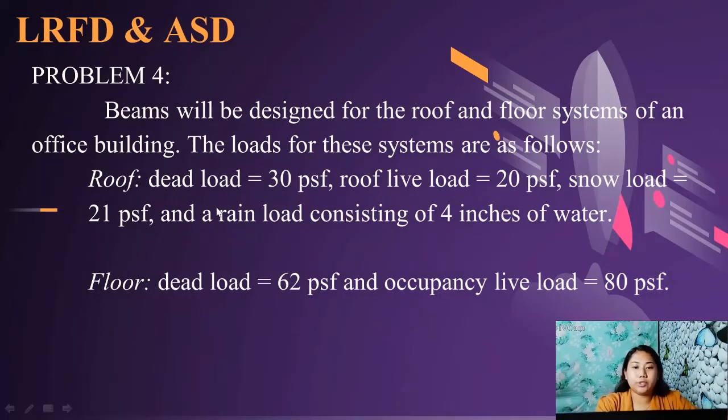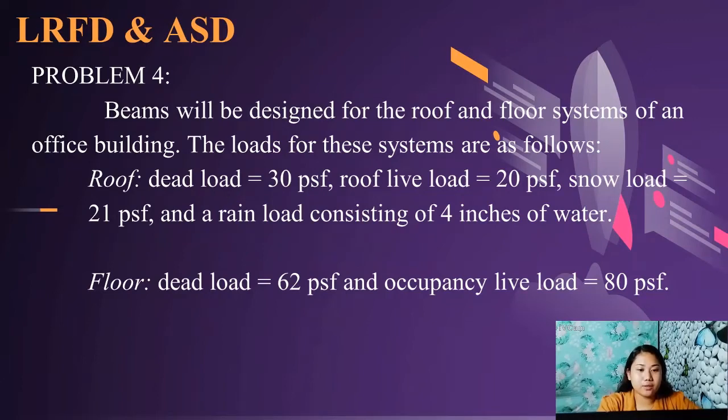Then number 4. Beams will be designed for the roof and floor system of an office building. The loads for this system are as follows. Roof dead load 30 pounds per square foot. Roof live load 20 pounds per square foot. Snow load 21 pounds per square foot.